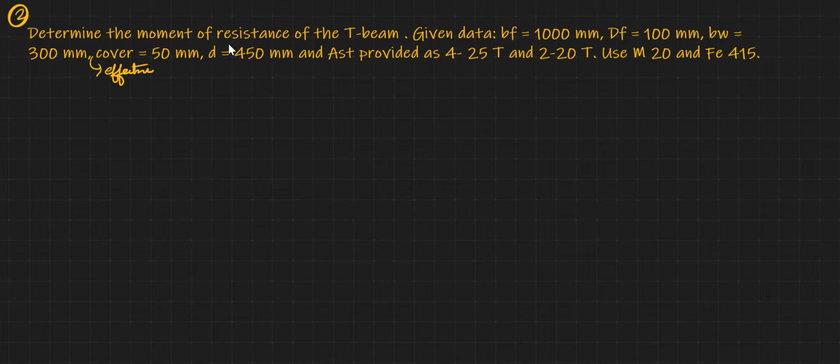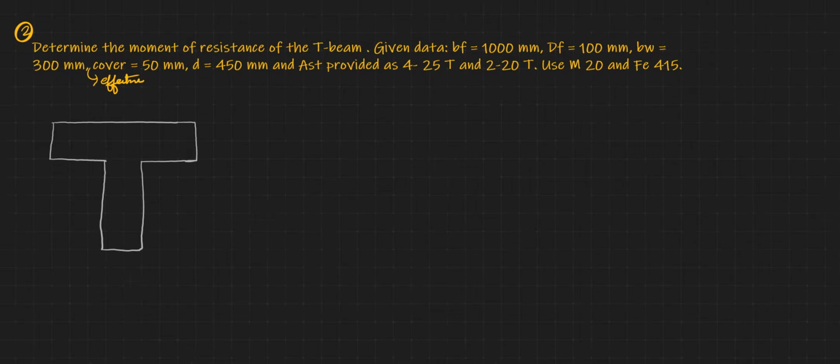Here we are asked to find the moment of resistance of the T-beam. So we will draw this given data. BF is equal to 1000 mm, the effective width of the flange. Depth of the flange is 100 mm. Width of the web is 300 mm. Effective cover is 50 and effective depth is 450.